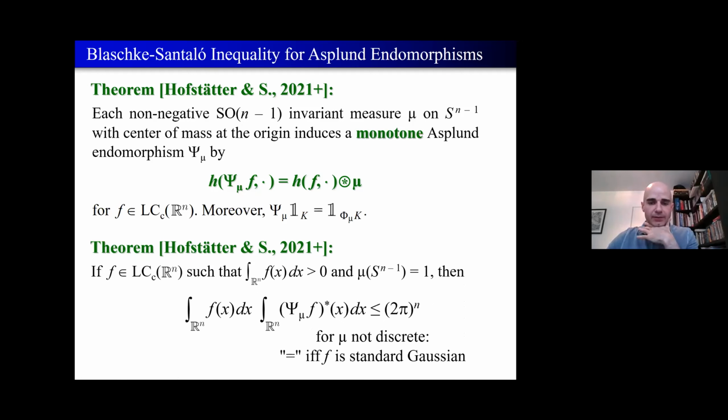And we have corresponding functional versions of our inequalities. So everything looks the same as for the classical inequality. For the functional Blaschke-Santaló inequality, you have the integral of f, and then the integral of the polar of the image under the Asplund endomorphism, and we have a complete description of equality cases.